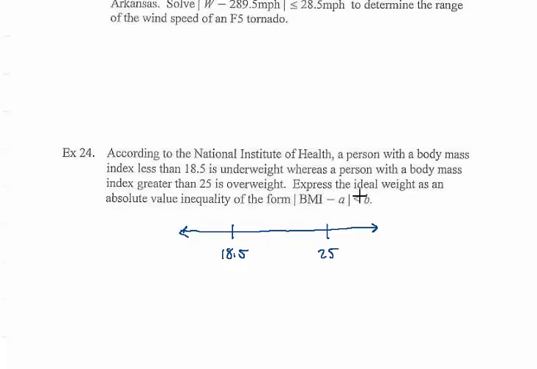Alright, and if you look at the inequality they gave us, one with a less than symbol, and so we want these values. What absolute value inequality represents these values in between? Okay, so with the less than, we're still dealing with the intersection.